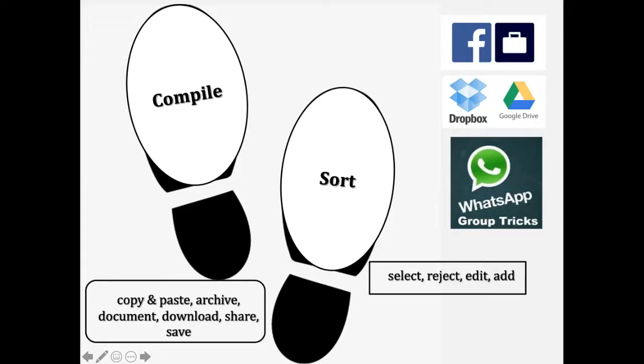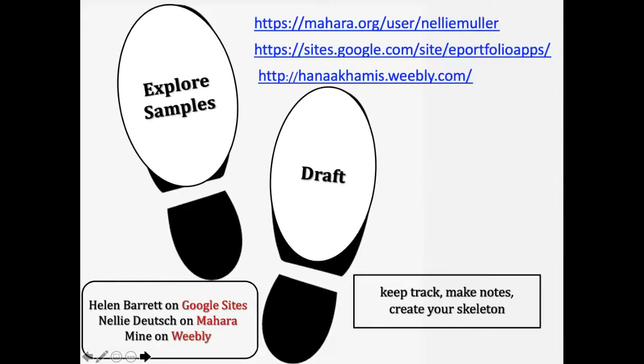The sorting is very important in the sense you select, reject, edit, and add. These are higher order thinking, higher level thinking. What to include? It's not like anything goes. You need to have a system, what to include and not to include.